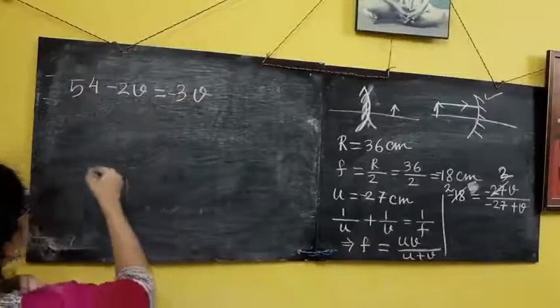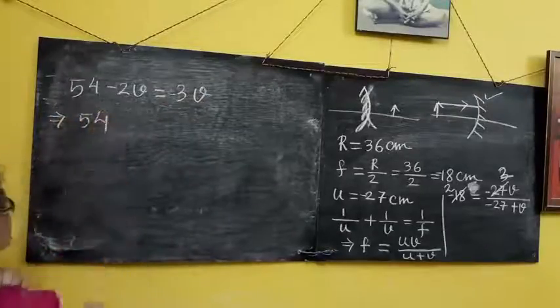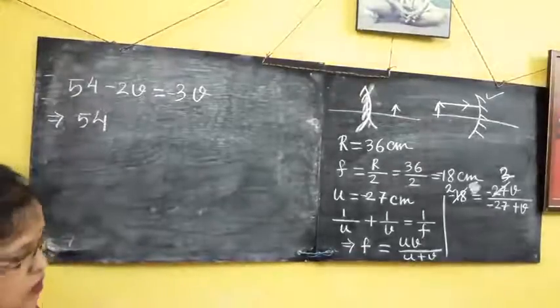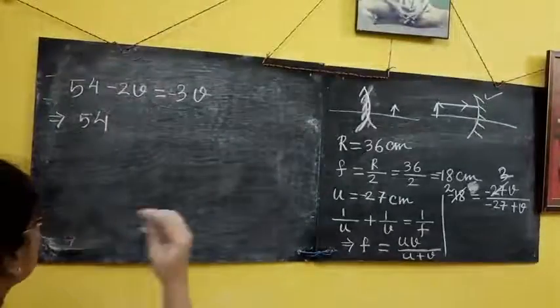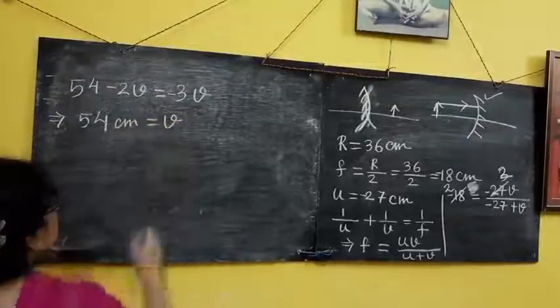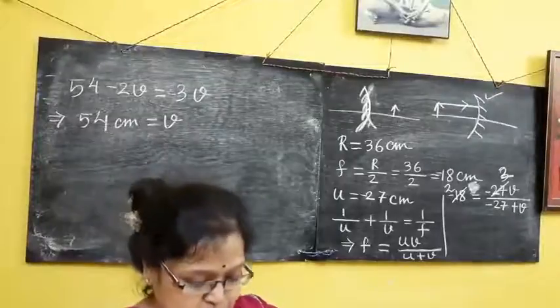So take this, that will be 54 minus 3 plus 2. Minus 3 plus 2 means 1. So 54 centimeter equal to v. So this is my image distance, that is 54 centimeter.